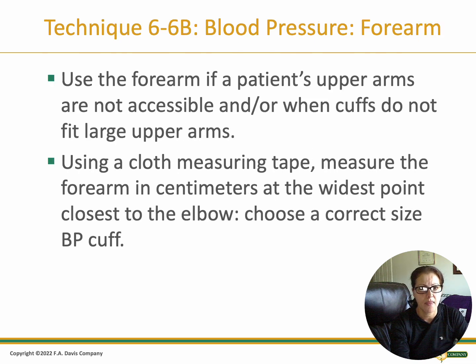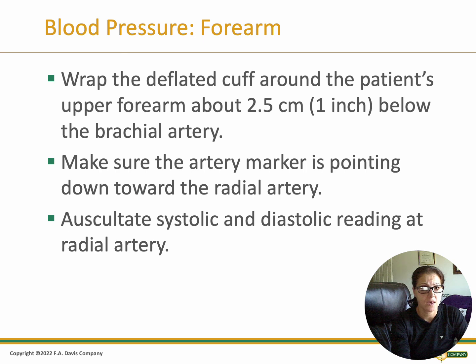When we're doing a forearm assessment, we're going to use pretty much the same approach, but we'll use the radial pulse as our marker. We choose the correct size, which might be a smaller size than what was used on the upper arm, and we auscultate the same exact way, systolic and then diastolic.